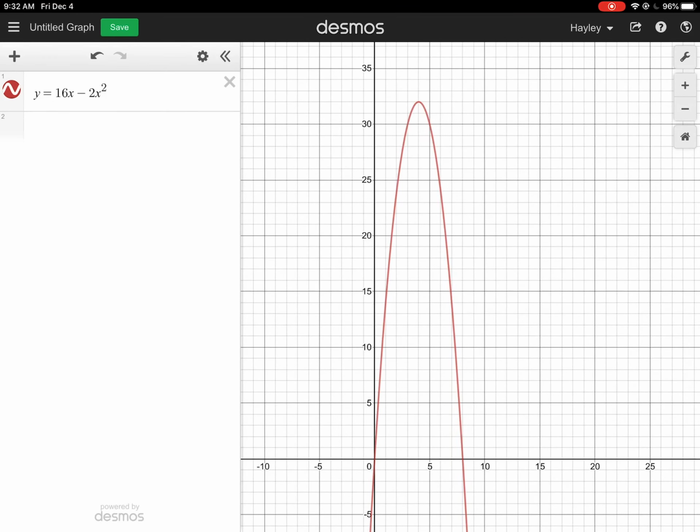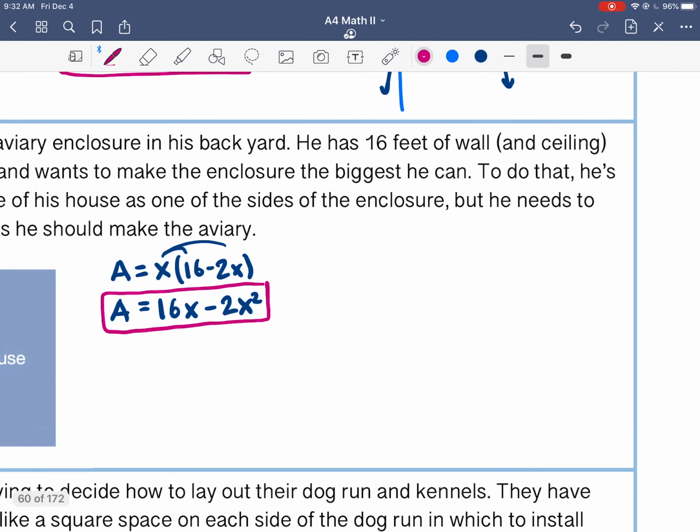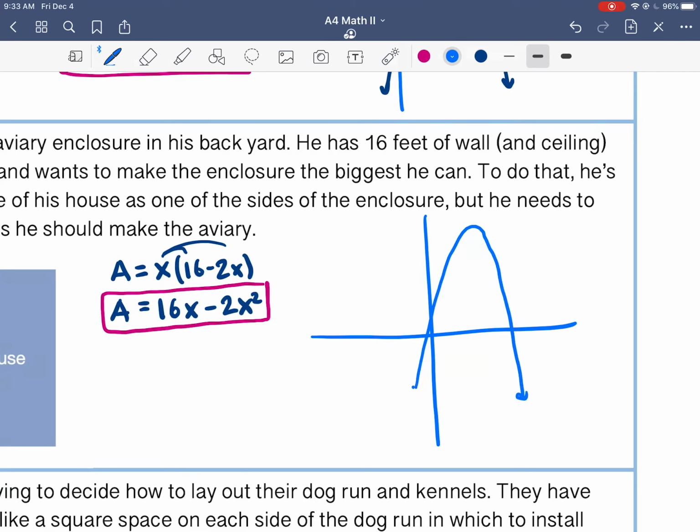So we have this quadratic, and we're going to just take note that the highest point is (4, 32). Again, I'm just going to draw a quick graph here. This point at the very top was (4, 32).